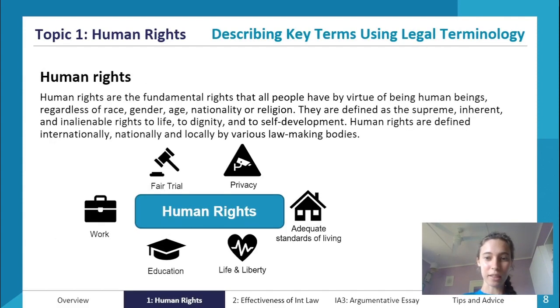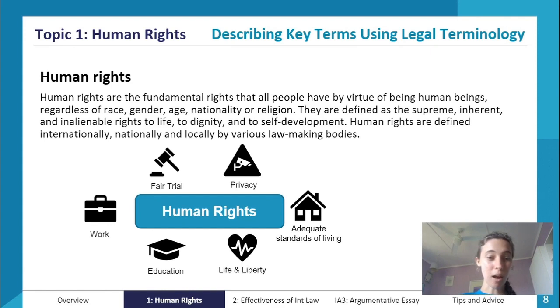Okay, let's get started. If you had a look at that previous slide, you would have seen you need to be able to describe different legal terms with your legal terminology. Human rights is obviously one of the most important parts of this. It's the name of the whole topic, so this is something that you really need to know.